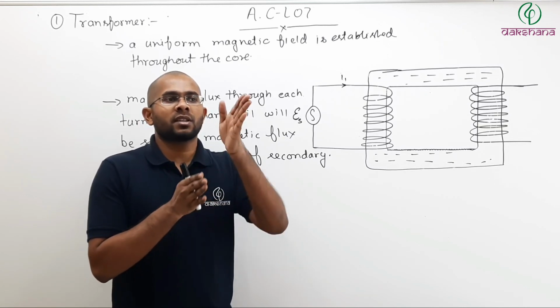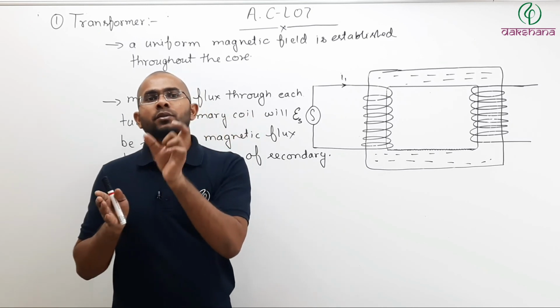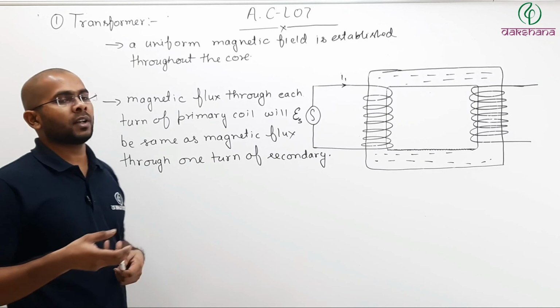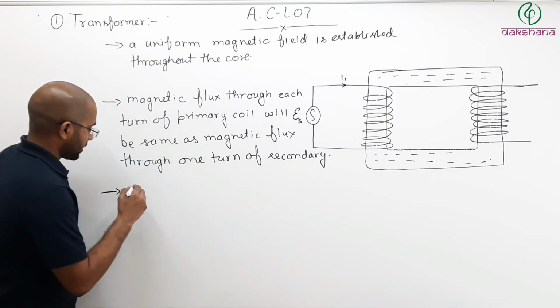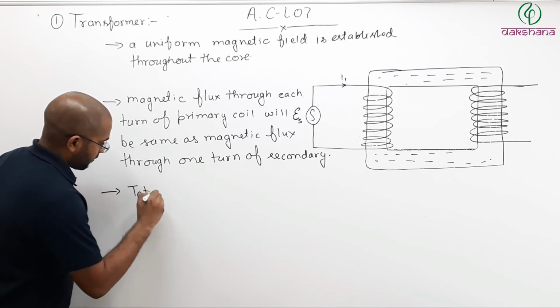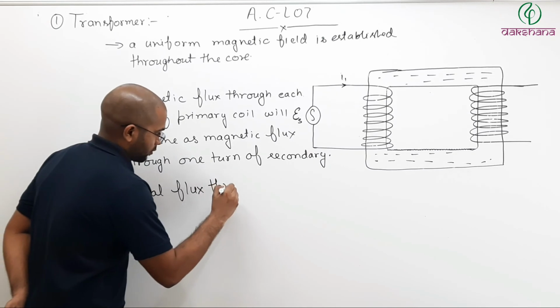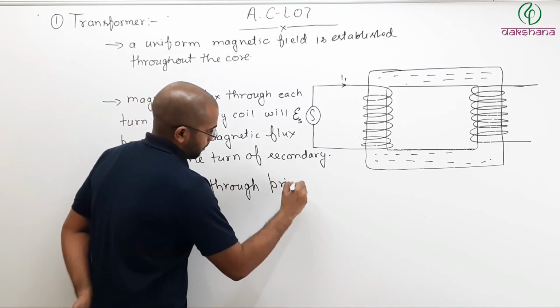Total flux is nothing but the summation of flux through each turn, so capital N times the flux through one turn. If I ask what is the total flux through coil 1, then what will you say? Let us say total flux through primary.